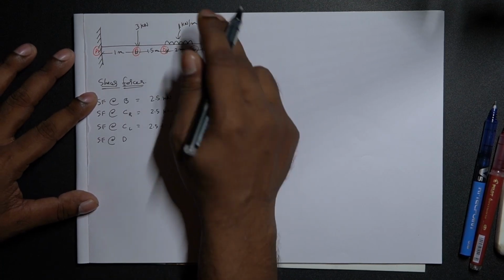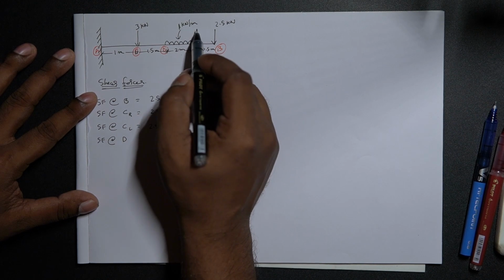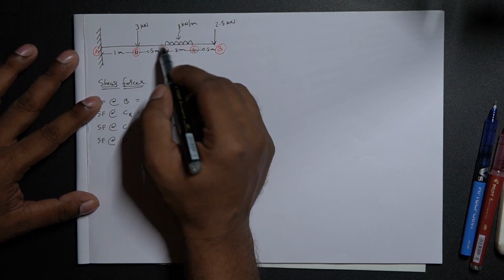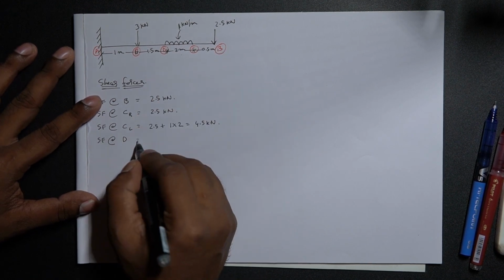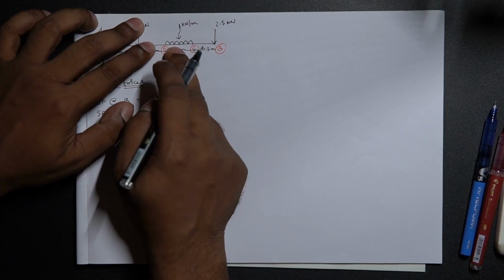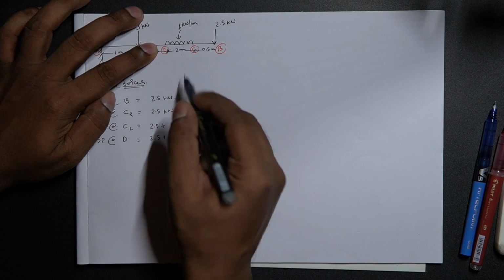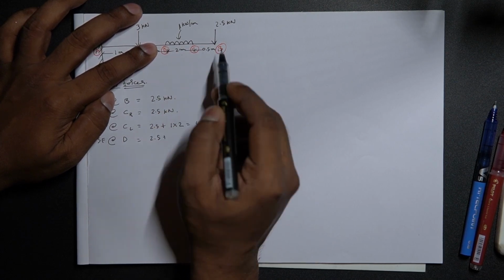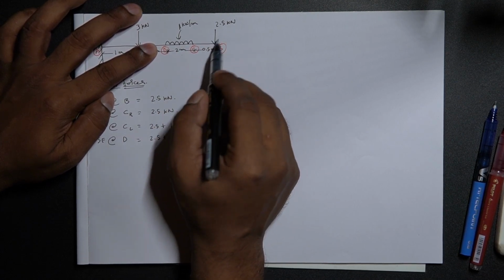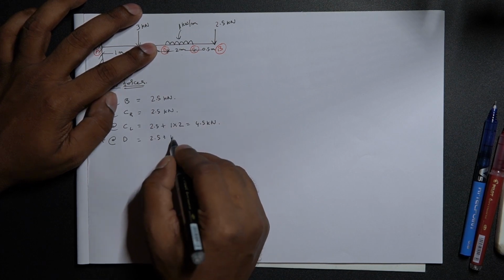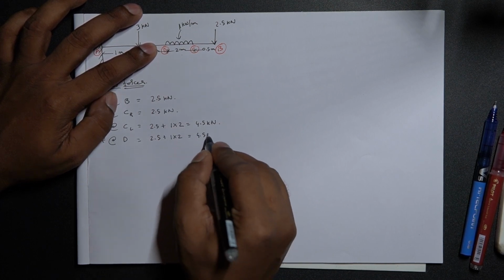There is a 2.5 kilonewton load acting downward, and a 1 kilonewton per meter UDL acting downward. So even at point D the shear force is pretty much the same. 2.5 acting downward, plus 1 into 2, that is 4.5 kilonewtons.